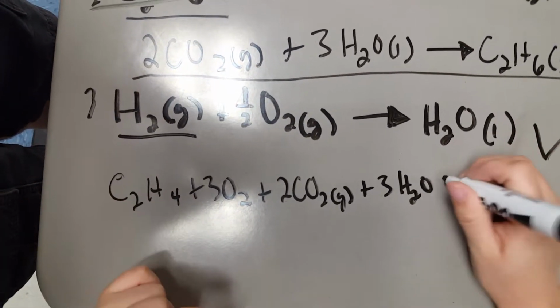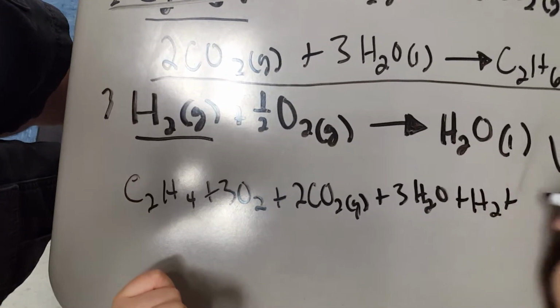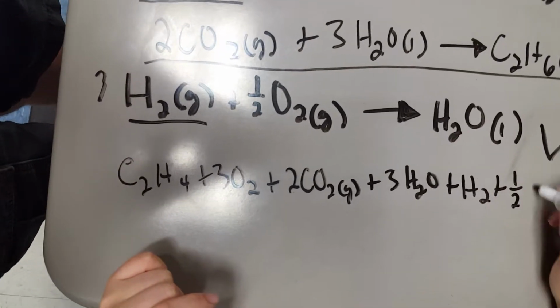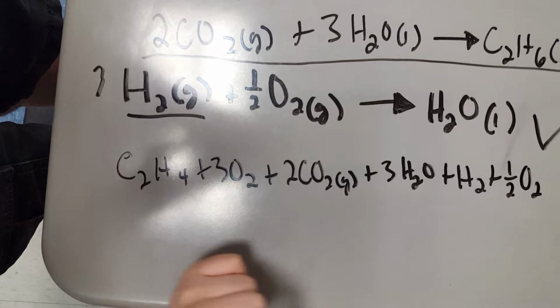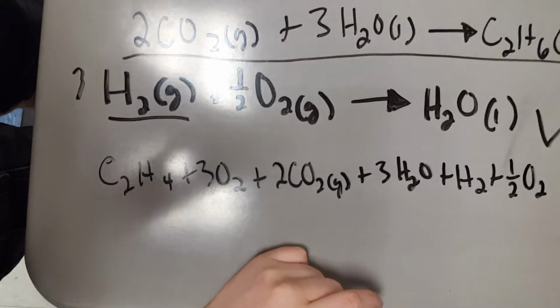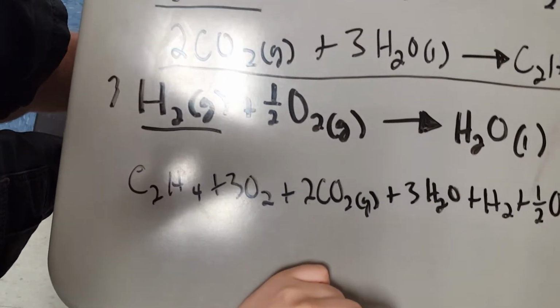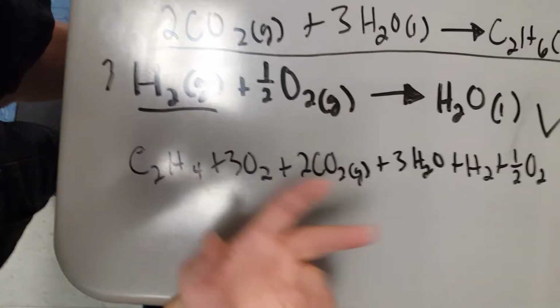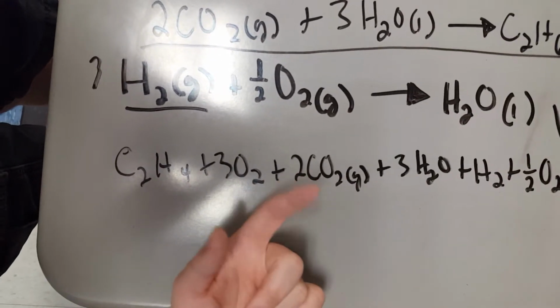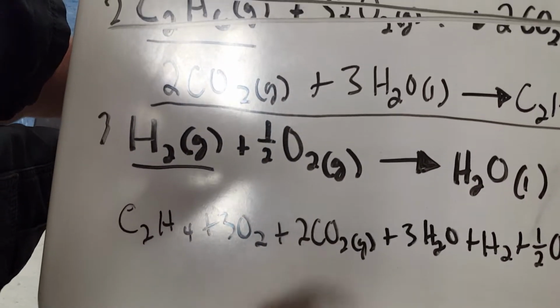And then we have hydrogen gas from our third equation and 1.5 molecules of O2 gas, which then you add up all your yields. Technically this is the yield sign, but products is what they're called.